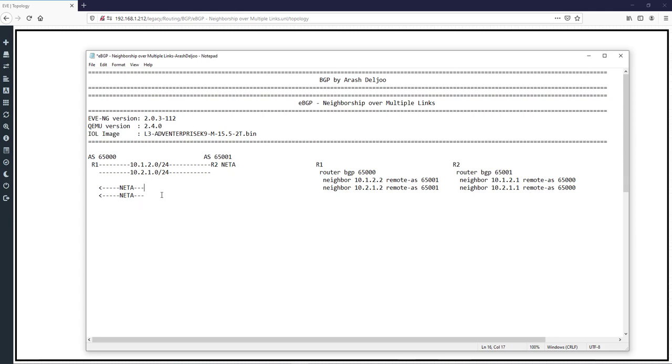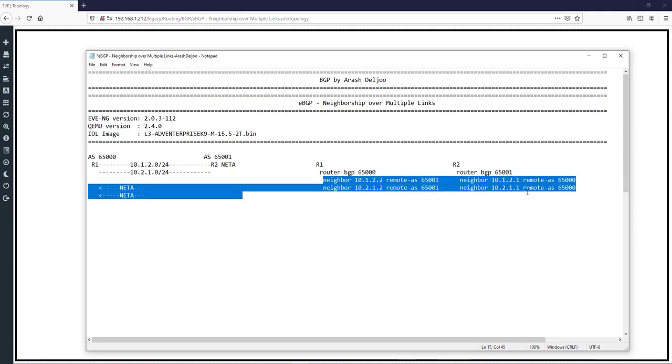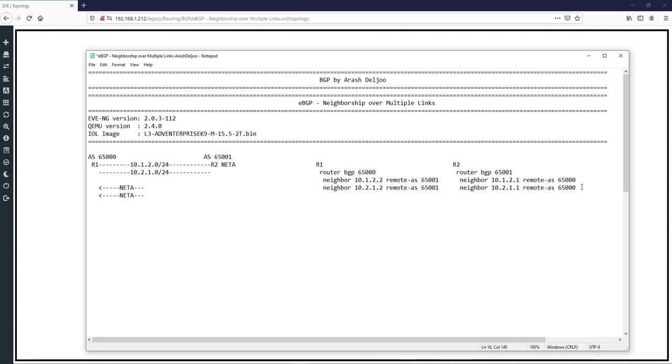Because of that, we shouldn't use this two-neighborship configuration. But what is the solution? How can we use both of these links but with only one neighborship, because we want the updates sent from R2 to R1 only one time? Maybe the solution is that we can configure the neighbor command, but for now turn off the second neighborship: neighbor 10.2.1.2 shutdown.